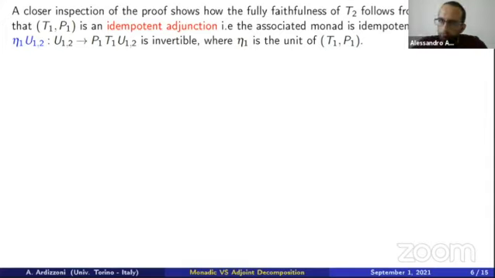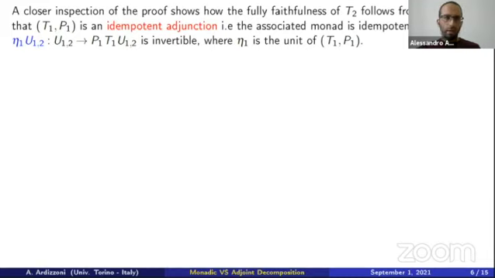If we give a closer inspection of the proof, we can see that the fact that the functor T2 is fully faithful, which is the key point in the fact that the process stops at level 2, follows from a property of the previous adjunction, the adjunction T1 P1. And this property is that it is an idempotent adjunction. This means that the associated monad is idempotent, its multiplication is invertible.